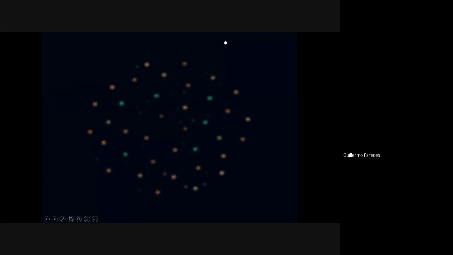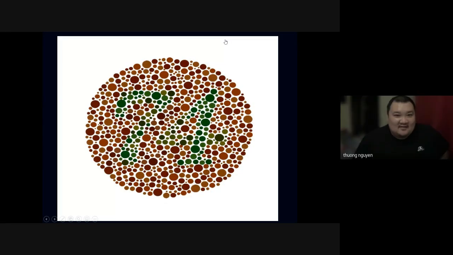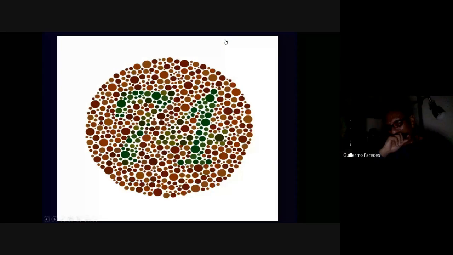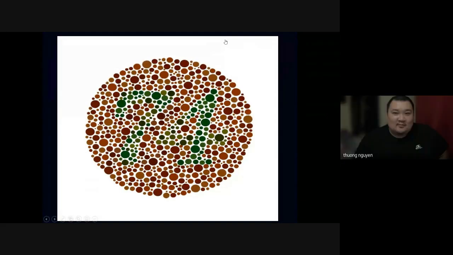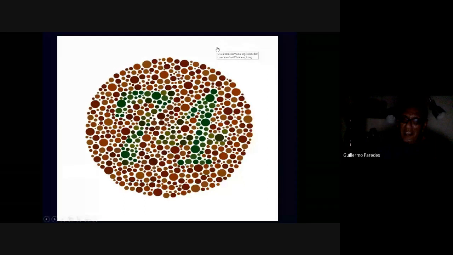Oh, sorry, with dots. I'm sorry, I made a mistake. This is the one. Green and different colors. Yeah, now I see a number. The previous one was just trying to trick. 74? That is 74. Yeah, you are right.